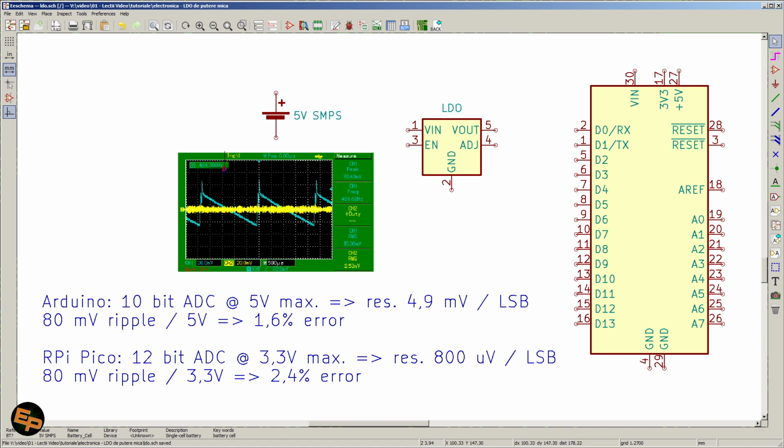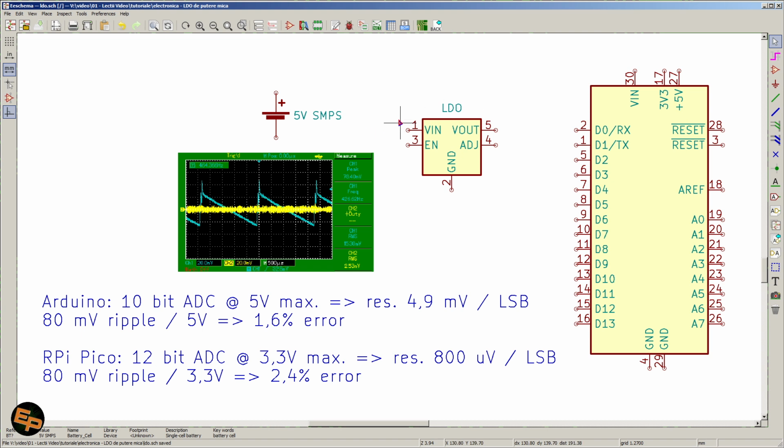They are always a little bit above 5 volts or a little bit below 5 volts. So if we take a more than 5 volt power supply, we could potentially use a low dropout regulator to set the output voltage to 5 volts.